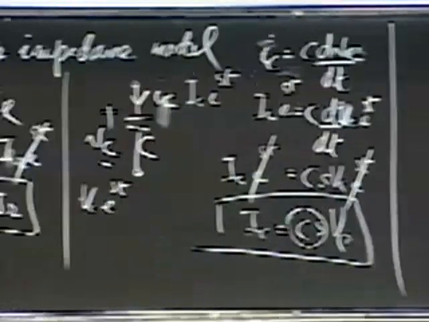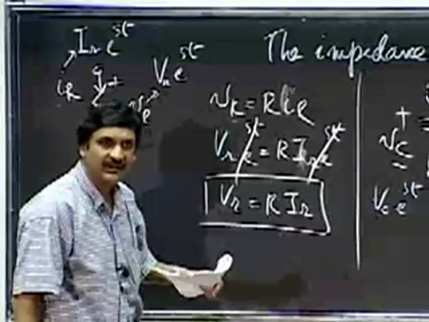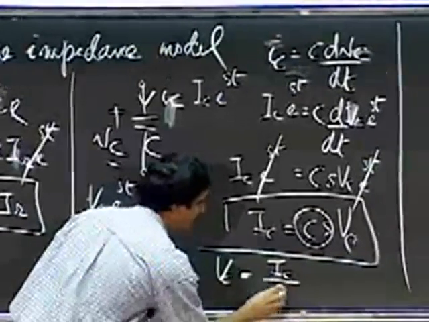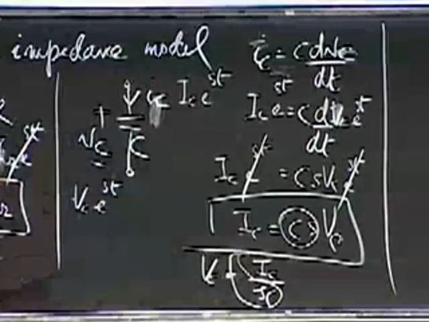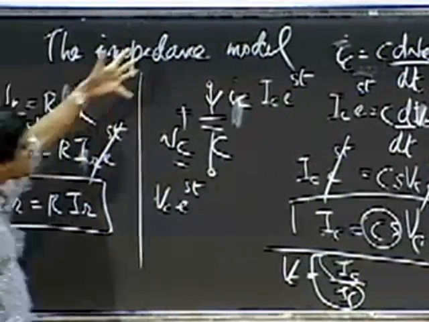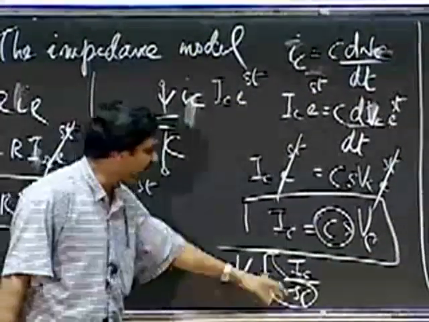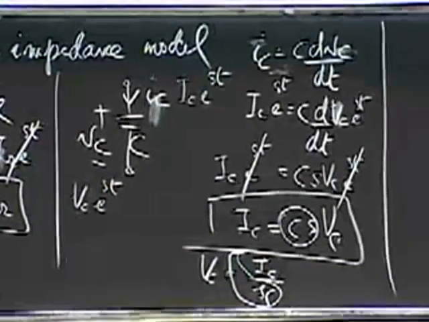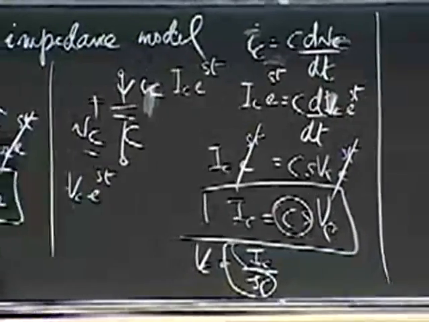It's very similar in form to what I saw here. The resistor was VR equals R IR. For the capacitor, VC is simply IC divided by sC. So 1 divided by sC plays the role of R. In other words, the complex amplitudes around the capacitor are related by VC equals some constant times IC, almost like a funny Ohm's law relationship when VC and IC are complex amplitudes.